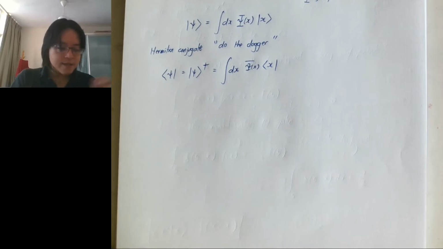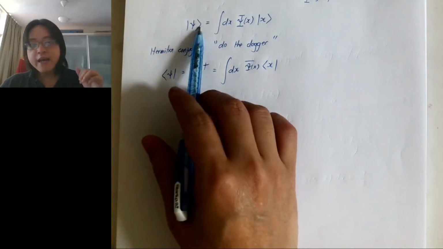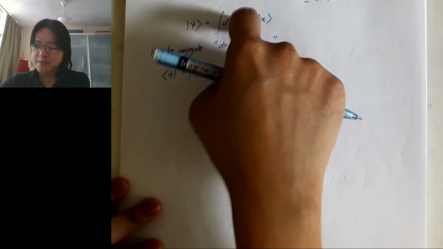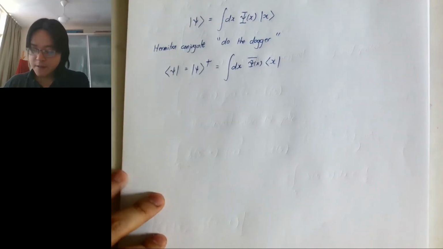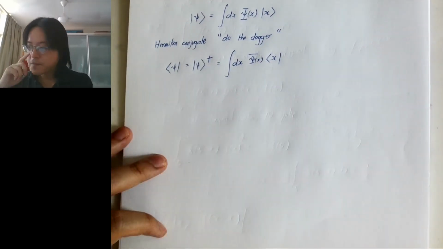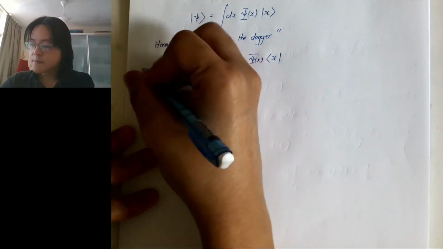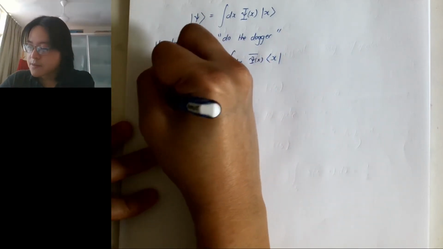In any case, I got the ket, I got the bra. What do you do with these two things? You get the bra-ket, right? So let's see what happens if I do the bra-ket. Let's find the inner product.